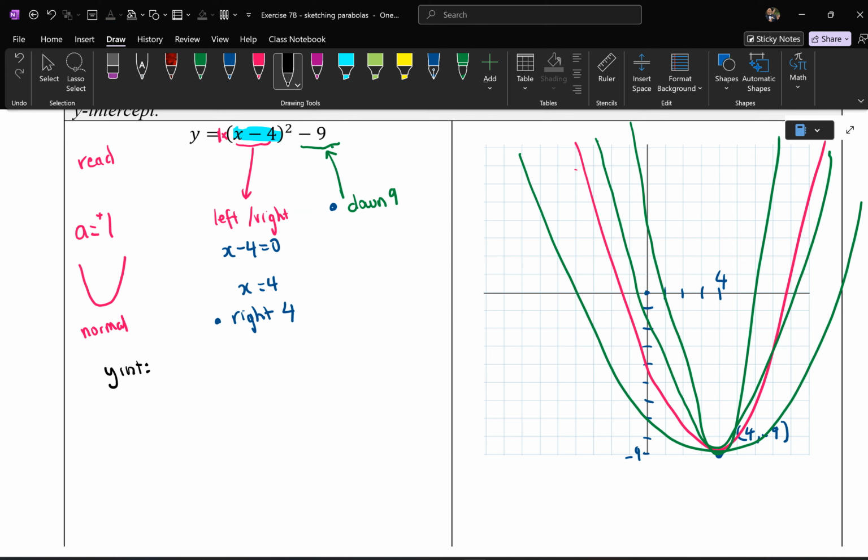Back in chapter 1, y-intercept is the coordinate that touches the y-axis. Here's my y-axis, which I'll highlight. There was one key thing about the coordinates on the y-axis that we know. What's so special about the coordinates on the y-axis, Andrea? You make x equal to 0.